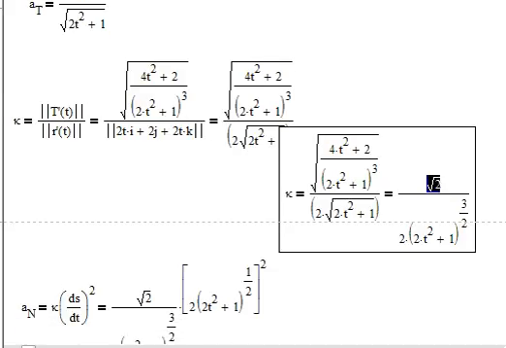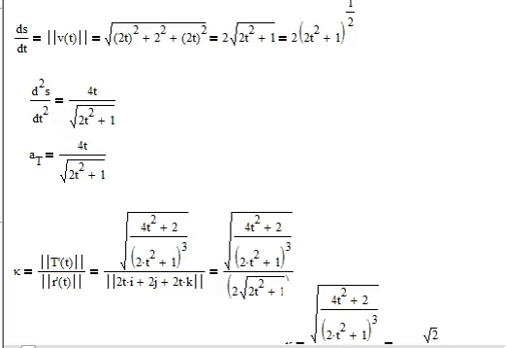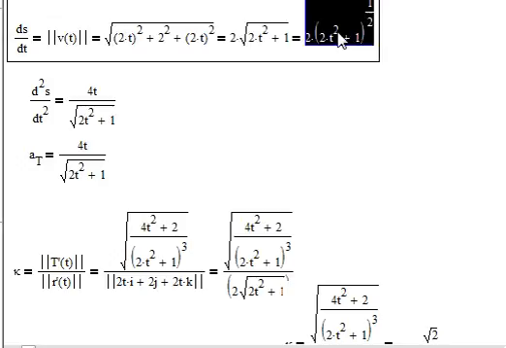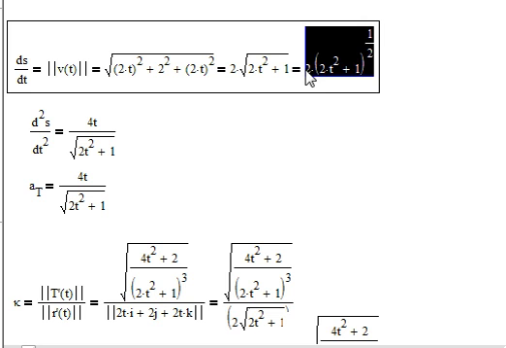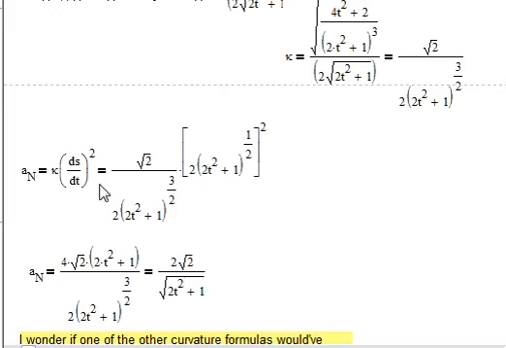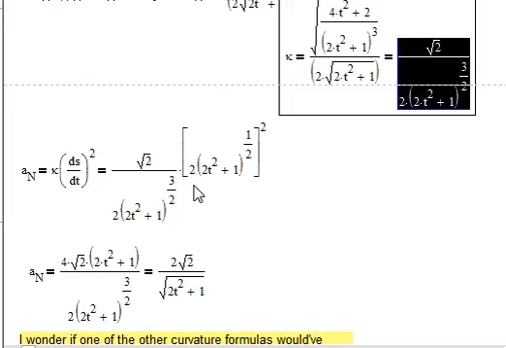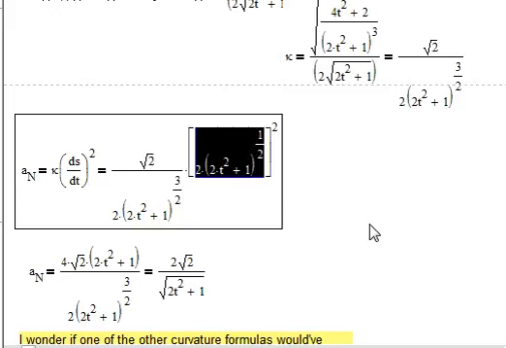So there's our curvature, and so we want that curvature times ds dt squared, the speed squared. Here it is. This is the ds dt, but we want to square that, and that would get rid of the radical, and make it 4 times 2t squared plus 1. So it's this that we just found, the curvature, times this squared, which is 4 times 2t squared plus 1.